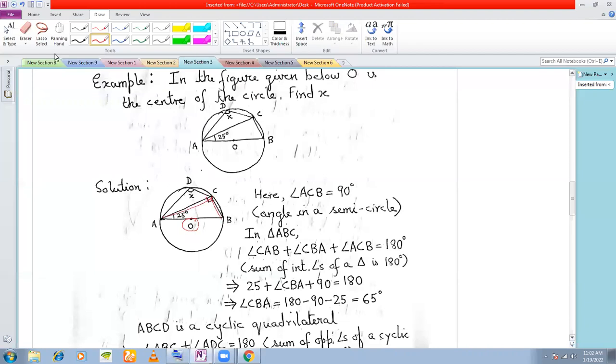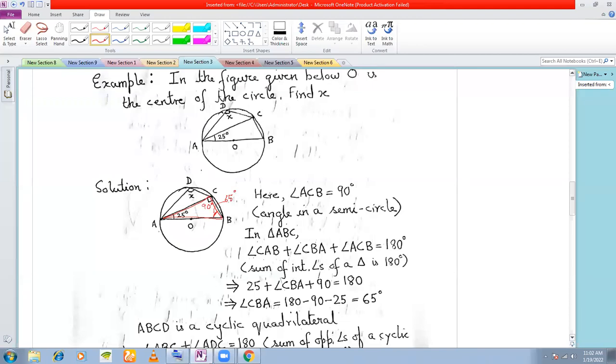That means this angle must be 90 degrees, right? Now look at this triangle ACB. In this triangle, you can find this angle because you know two angles of the triangle, which is 180 minus 90 minus 25. And this should come out to be 65 degrees.